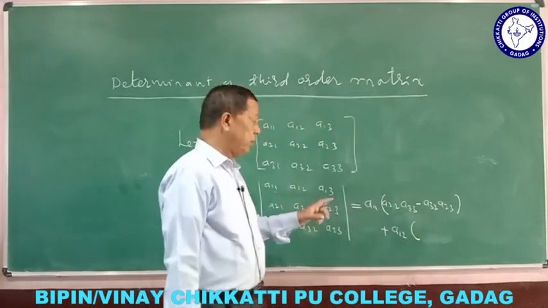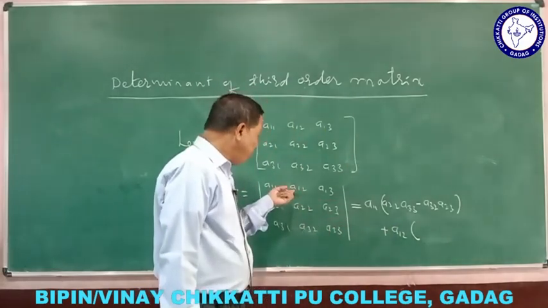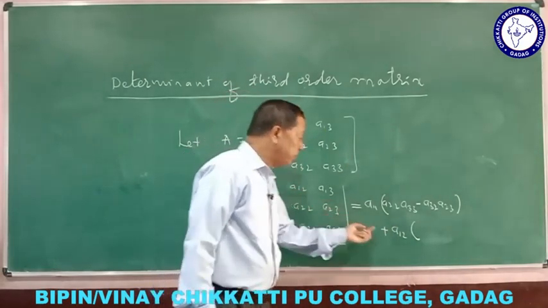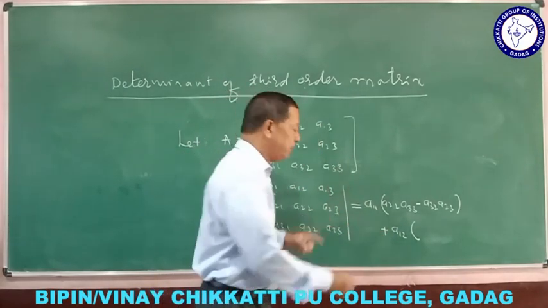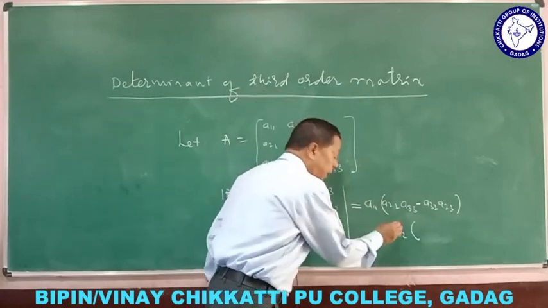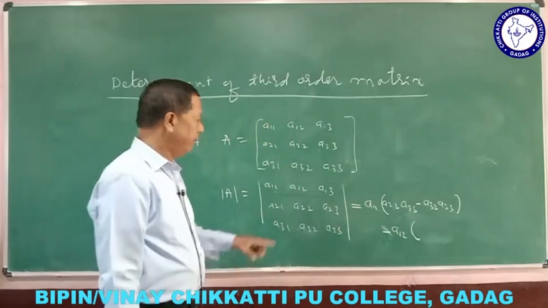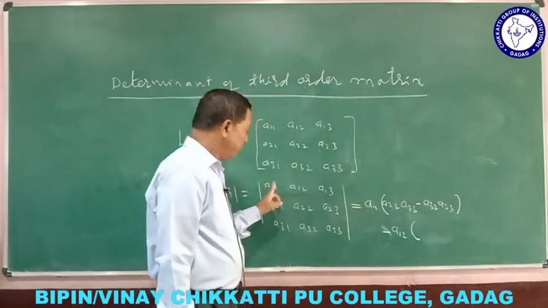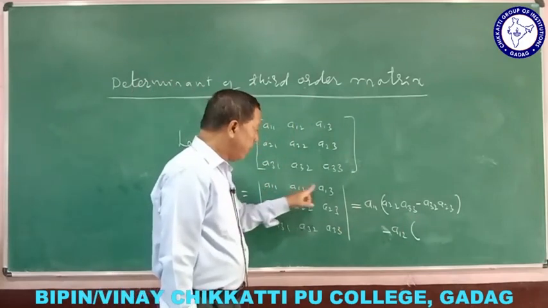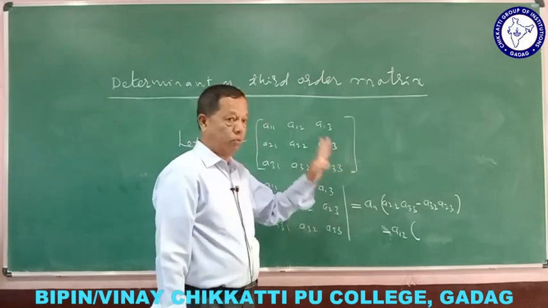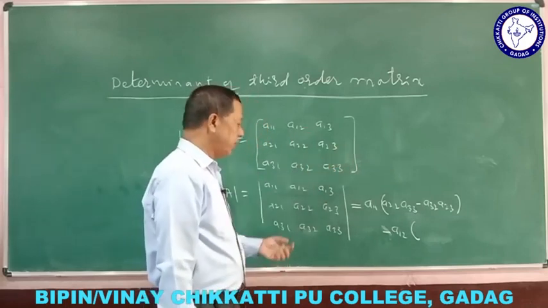But here I am going to explain that when you go for A12, don't write plus. You write minus. Later on I am explaining immediately after completing why you have to take minus. Here I have taken plus, here minus, and here plus. Why we take it, I will explain later.